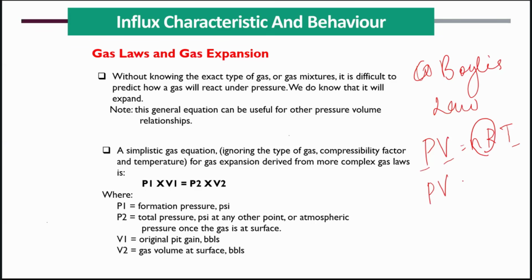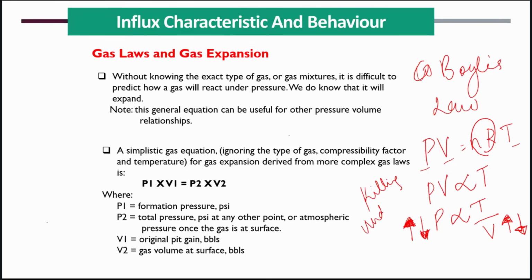Pressure times volume is directly proportional to temperature, or pressure is directly proportional to temperature upon volume. It means if volume increases, pressure will decrease. If volume decreases, pressure will increase. This equation is very much used when we are killing the well. To understand the well killing procedure, it is important to understand the pressure, temperature, volume relationship.